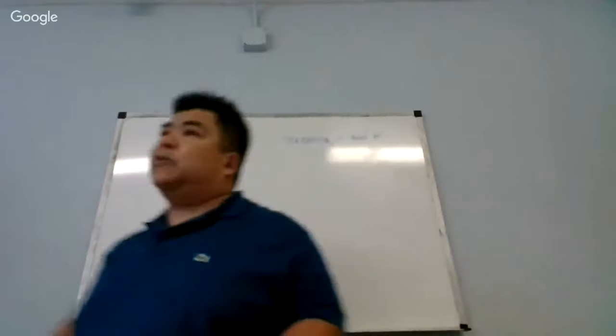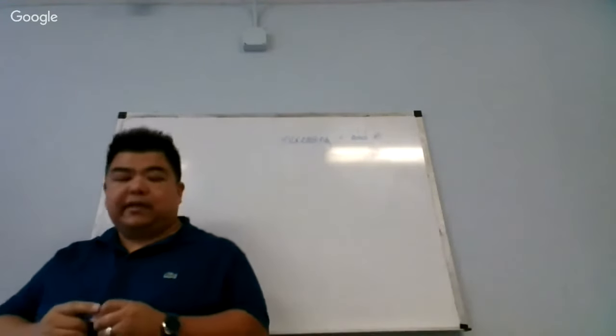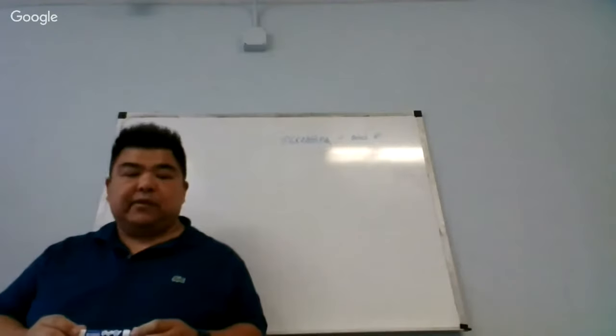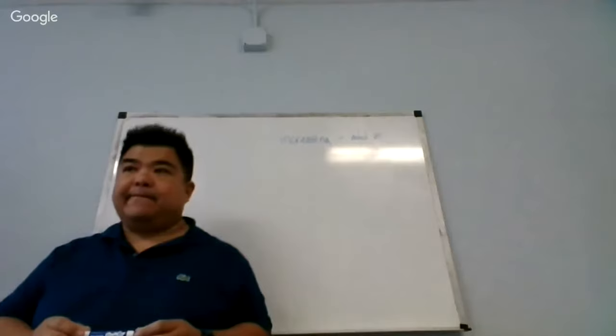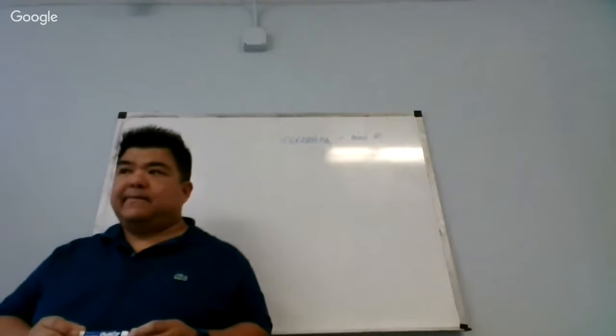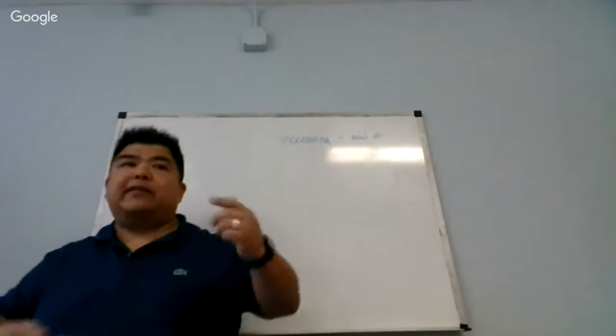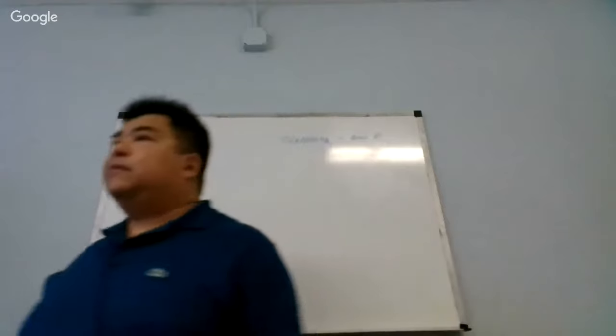Okay, that's one interpretation. What's another one? Let me see if anyone else had a different interpretation of this. The reason why I'm asking for a second one is because sometimes in math, you can get to the same answer with different methods. But Dylan?